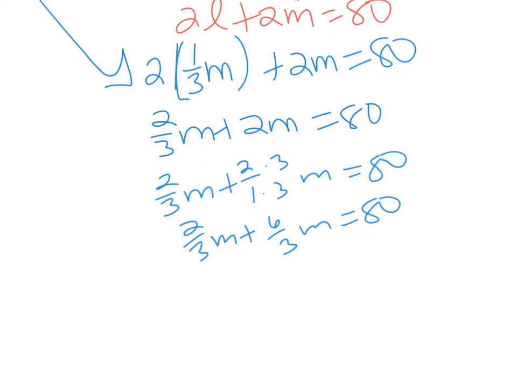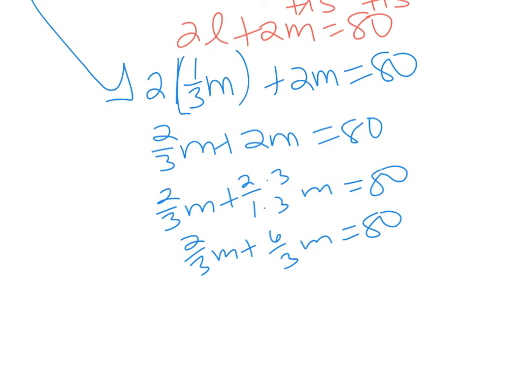All right, so I have 8/3 M equals 80. And the best way to get rid of a fraction in front of your variable is to multiply by its reciprocal. Because if you recall, if you're going to divide, you're going to have to multiply the reciprocal anyway. So you might as well just do it to begin with.